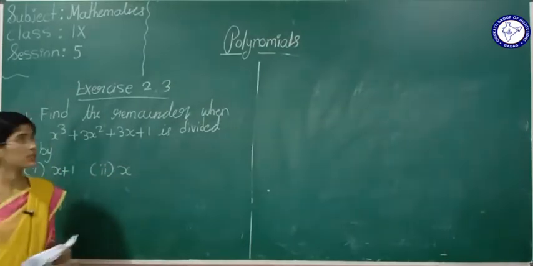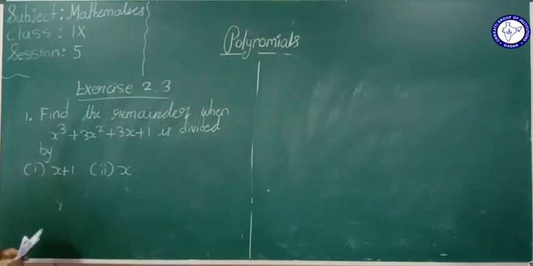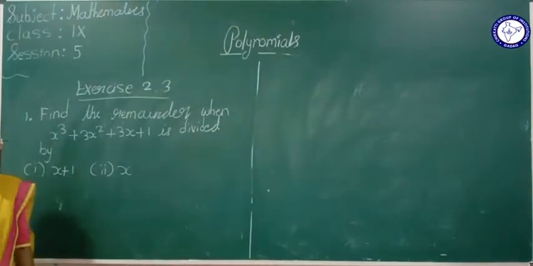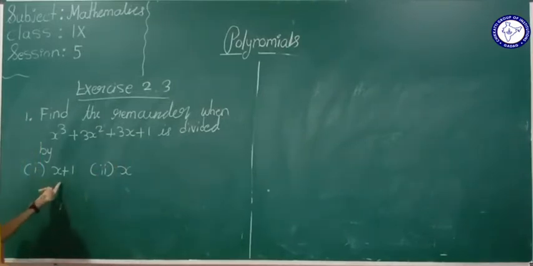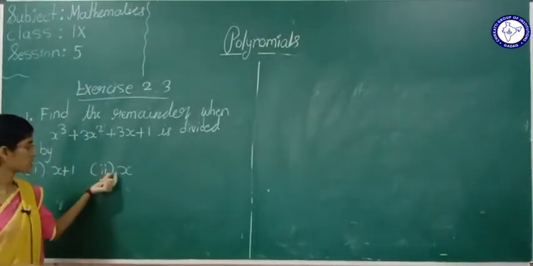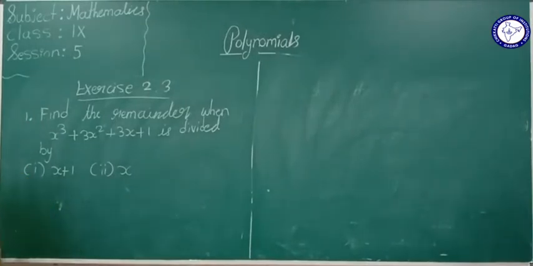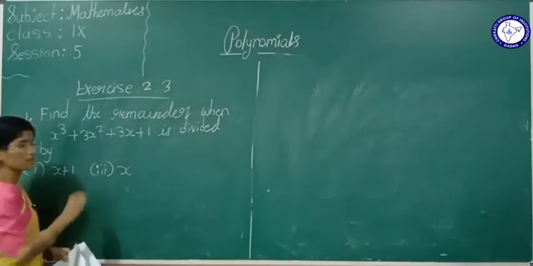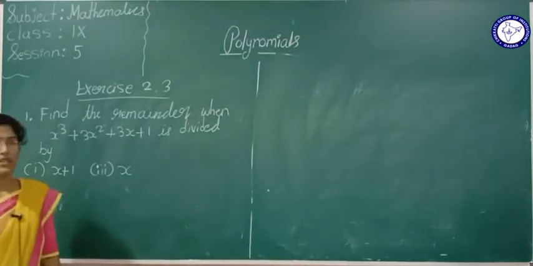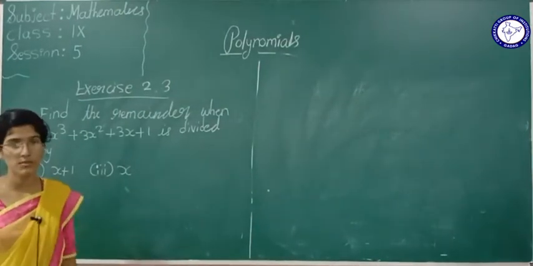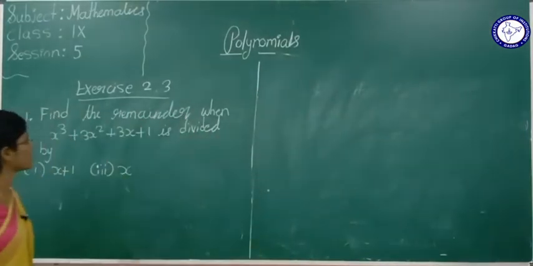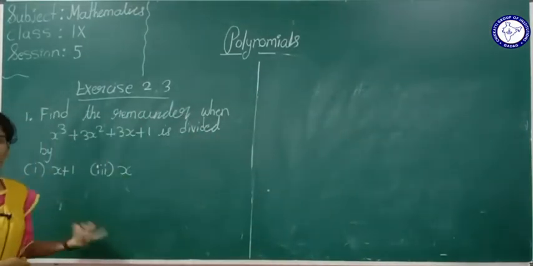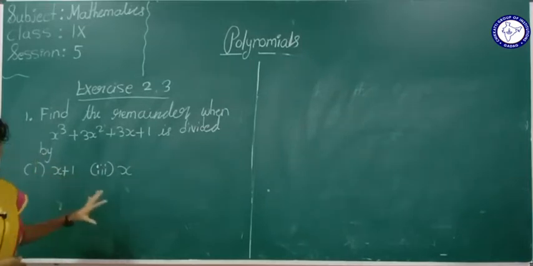Now see here, find the remainder when x cube plus 3x square plus 3x plus 1 is divided by x plus 1, and the second question they have given is x, it's the third one. Now see here, students, instead of going for the long division method, we will find out the remainder of this polynomial by using the remainder theorem.